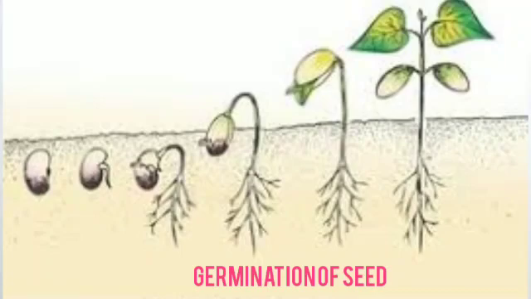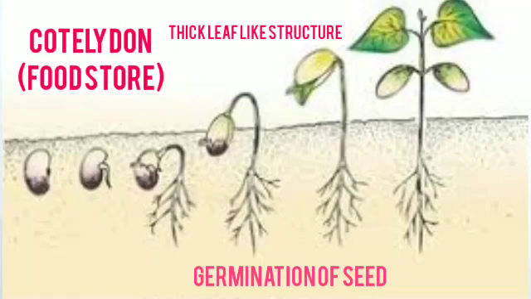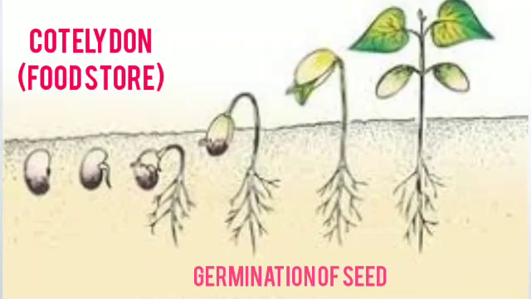Then you can see a thick leaf-like structure, which is called the cotyledons. When the plant grows, it takes all the food stored in the cotyledons.